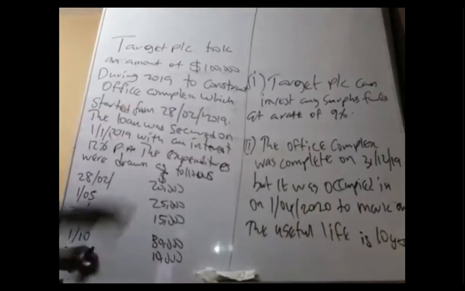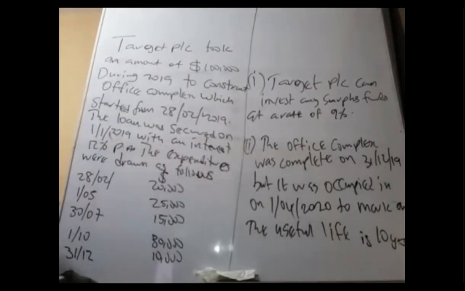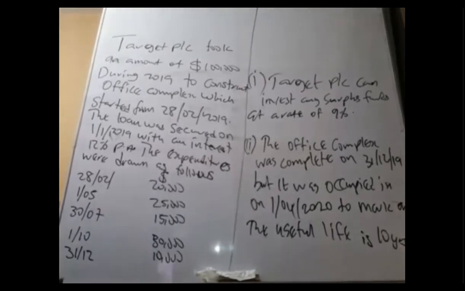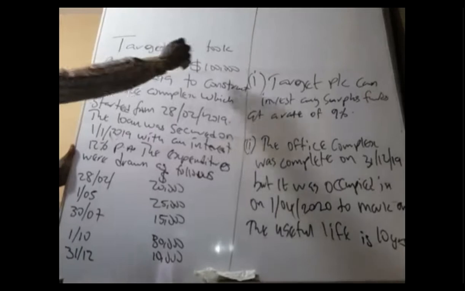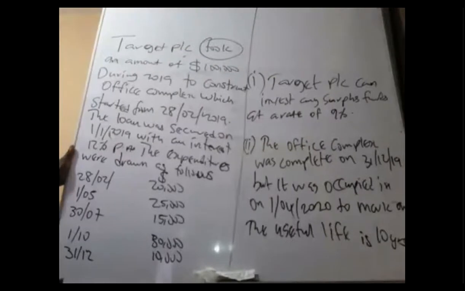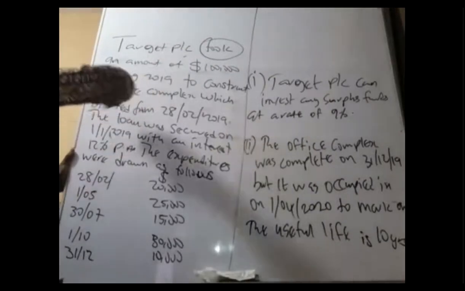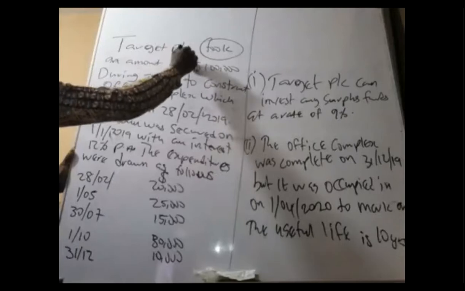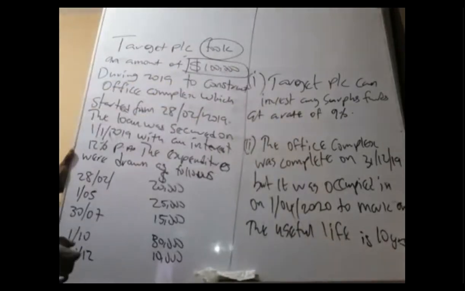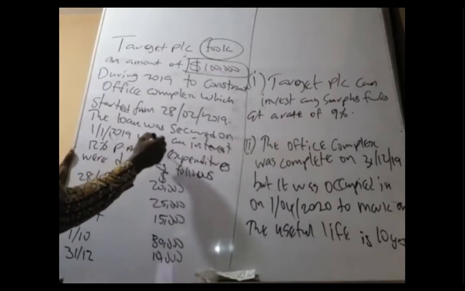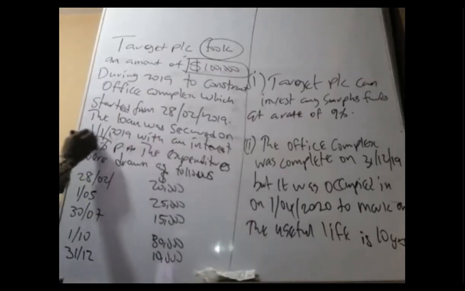I'll put the workings in the footnotes, so I can publish the solution there. Identify whether it is a specific borrowing. They said that Target PLC took a loan from a bank, and we are paying interest at the rate of 12% per annum.